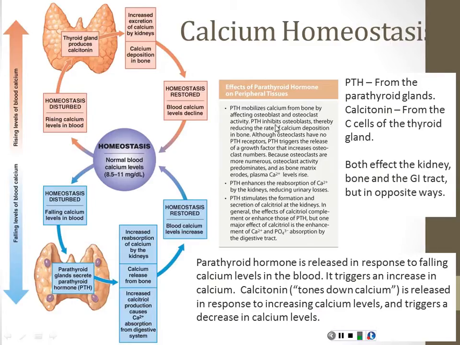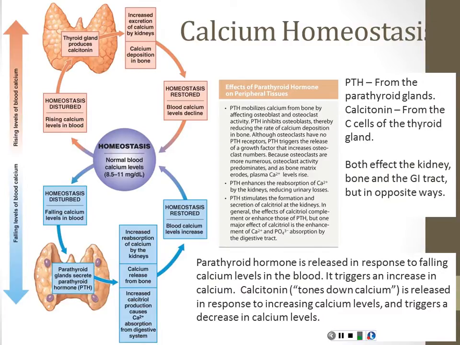And how does the calcium get in and out of bones? Unfortunately, I guess you didn't really get that last semester, but essentially bones have two kinds of cells inside them: osteoclasts and osteoblasts. Blast cells make things. Clast cells destroy things.